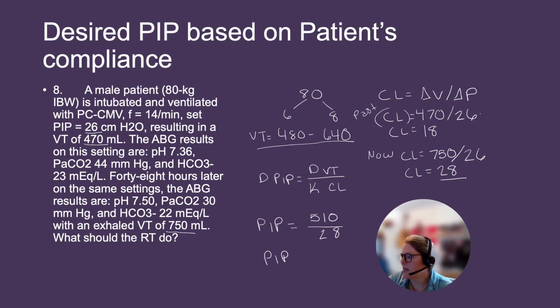So let's change that PIP from 26 to 510 divided by 28, 18. So now we know what to change our PIP, our pressure, for pressure control to. We went from 26 to 18 so that we can hold on to some of that CO2 and correct that patient's ABG.